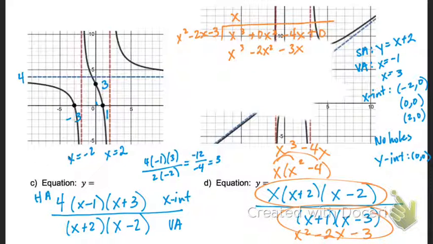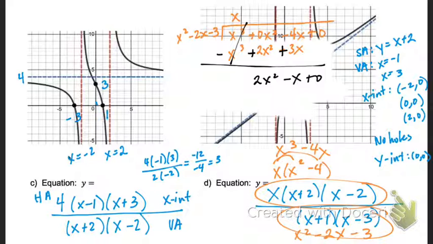And then I flip every sign. Cancels. 2x squared minus x. How do I get from x squared to 2x squared? 2. Is that the same as my slant asymptote? Yeah. Good. I'm done. I don't need to check anymore. Wasn't that bad?